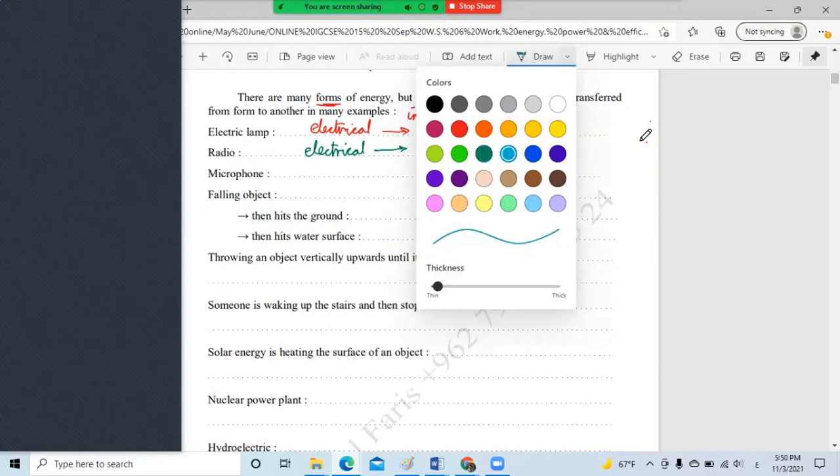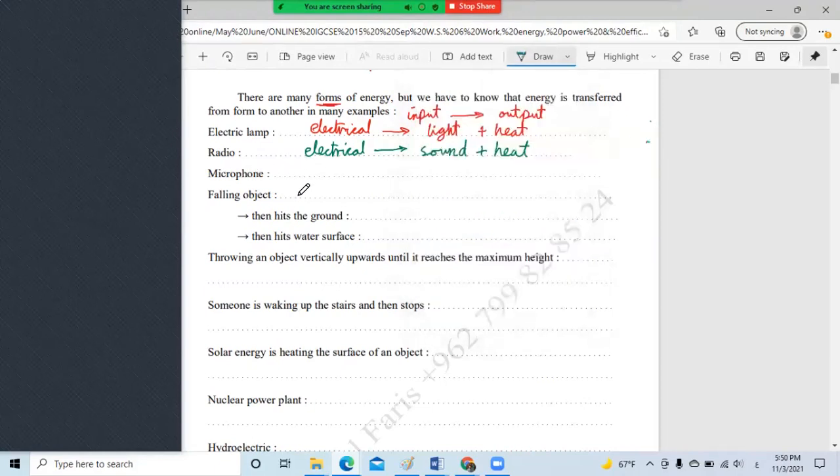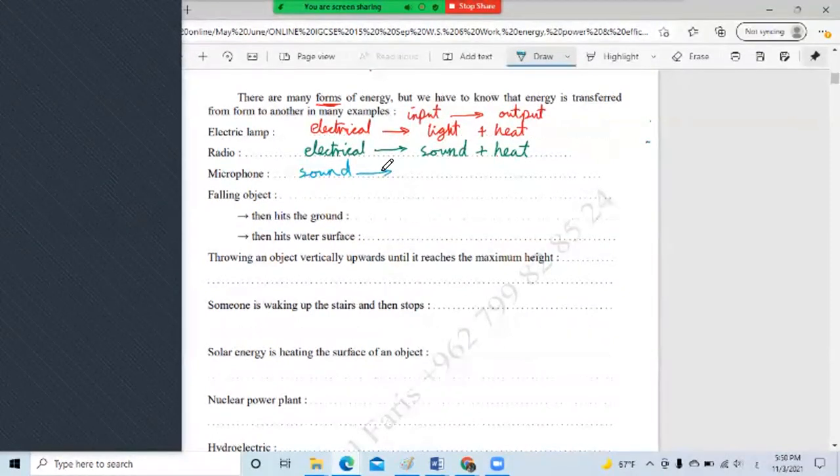A third example, we have the microphone. What's the input of the microphone? If I have a microphone, the input is my voice to it, like now when I'm talking to the speakers here. So the input is sound, and it becomes electrical energy in the wires.